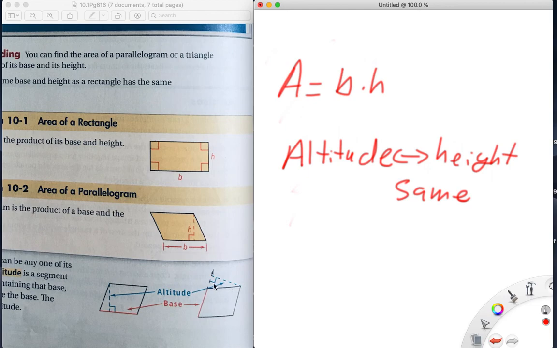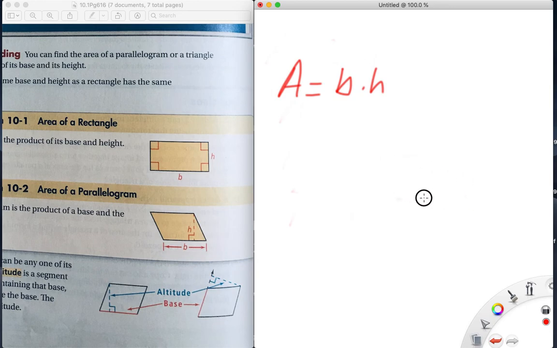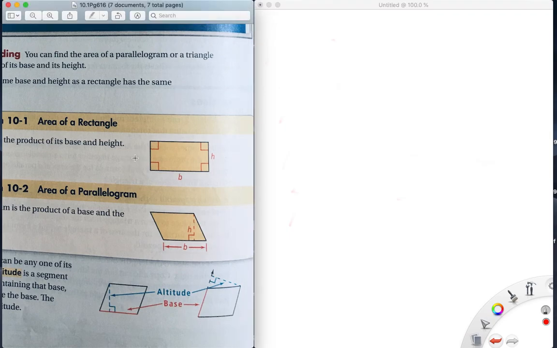So since it forms 90 degrees with this side on the left, this would be my height and this would be my base. So a parallelogram has 2 bases and 2 heights. With a rectangle and a square, since they're the same size, the height and the base would be the same thing for both sides. But each parallelogram has 2 heights and 2 bases.